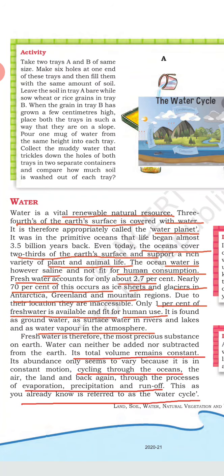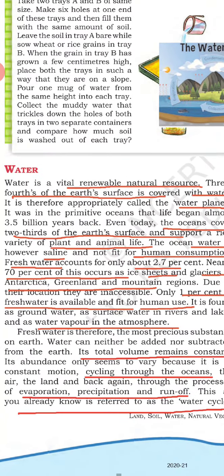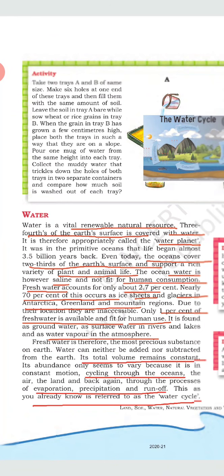These three different forms are liquid, solid and gas. Liquid in oceans, rivers and lakes in the form of water, gas in the form of water vapor available in the atmosphere, and solid in the form of ice in the mountains and polar regions.